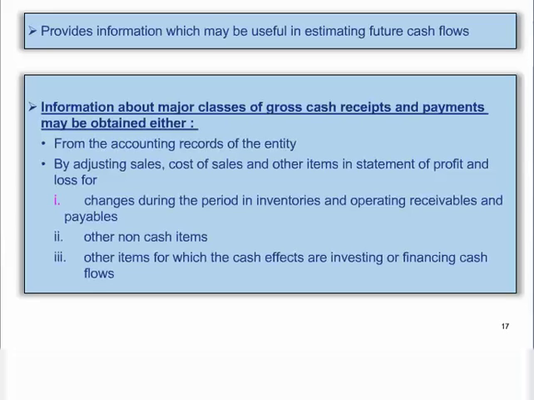So in the direct method, as examples you saw earlier, cash receipts from customers or cash payments to suppliers can be obtained either from the accounting records directly or by adjusting the sales, cost of sales and other items in the statement of profit and loss for their opening and closing balances, which would negate the adjustment for the non-cash items.